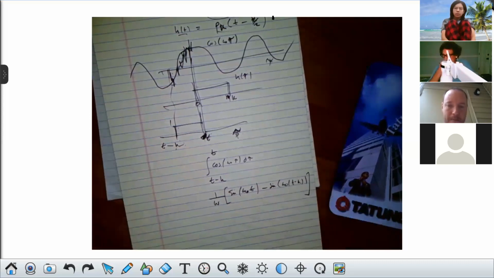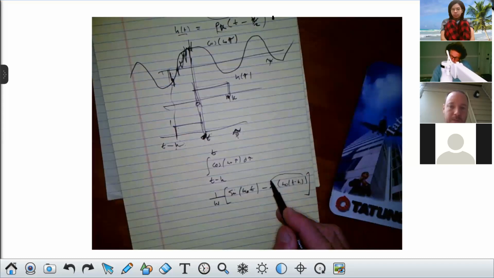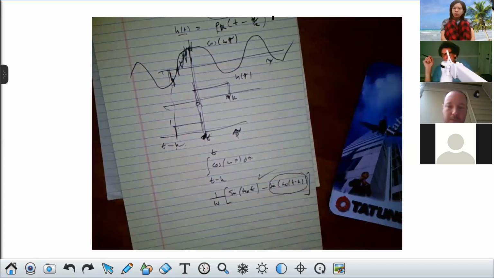And that would be the convolution for an infinite cosine waveform. Now, you can do a trick here. Remember, sine A minus sine B, you could do a half angle thing if you want, but this is a perfectly acceptable answer. Okay, so what would be the graph of that?